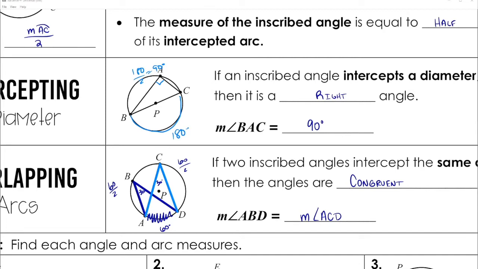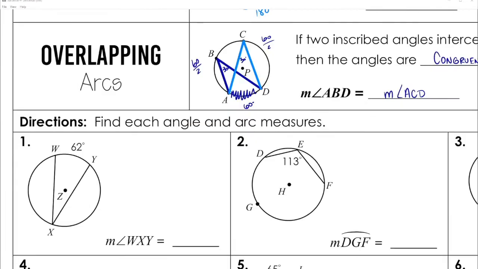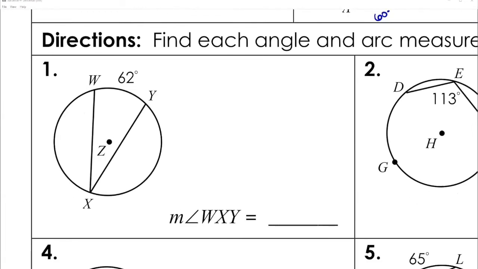All right, so let's put our arcs and inscribed angles into action. Looking at our first one, WXY is our angle in question. The vertex occurs on the circle, so this is an inscribed angle. To find the measure of that angle, we take a look at our intercepted arc, which is 62.